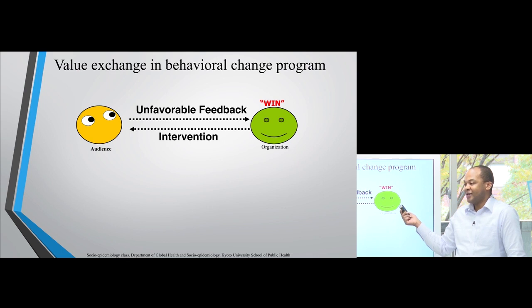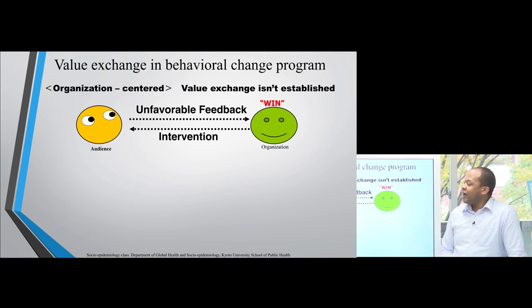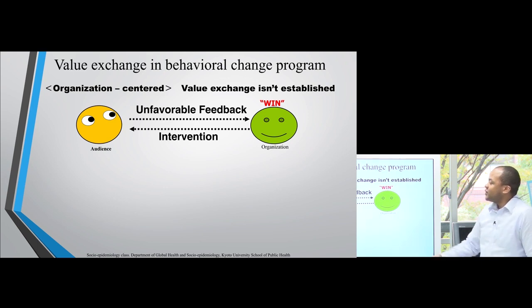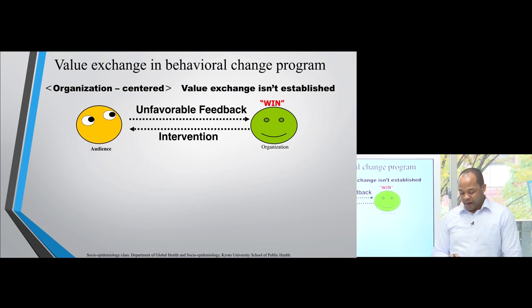It's the organization, because the life of the organization goes on. It never stops. Even if the intervention is unsuccessful or successful, it never stops. So the organization wins, but the audience loses out because they didn't like the intervention. So there's no value exchange.